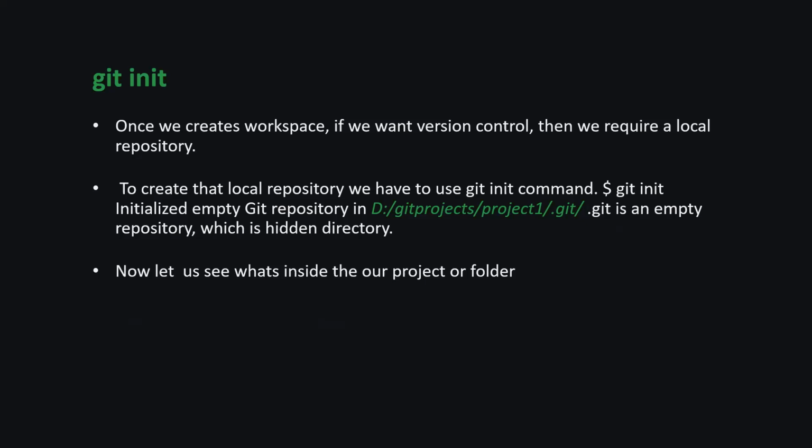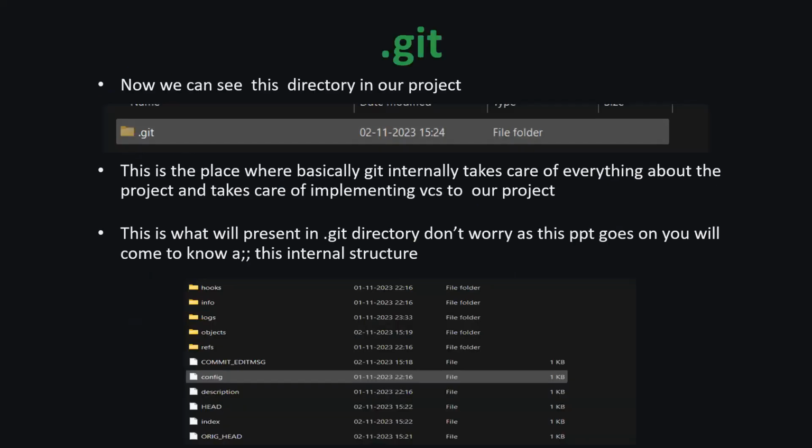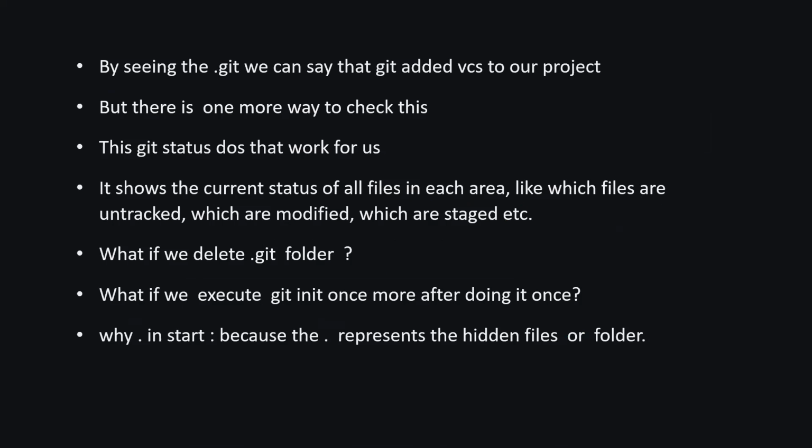The .git folder is an empty repository. It is a hidden directory. Now we can see this directory in our project as .git. By seeing .git, we can tell that Git has added VCS to our project.